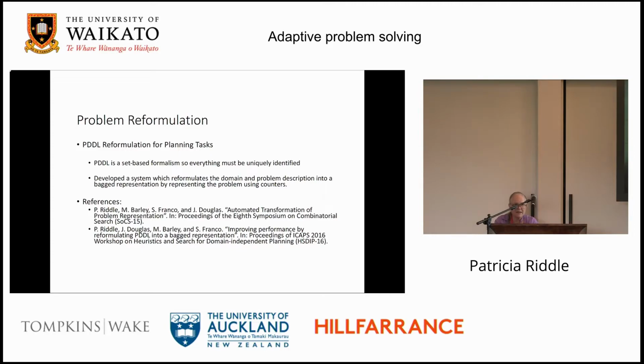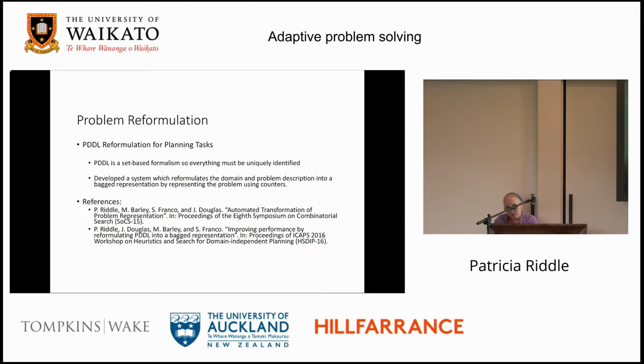They all have to be identified because it's a set-based representation. And what this means with your planner is that it's going to try, well, I could pick up spoon 1, or I could pick up spoon 2, or I could pick up spoon 3. And you see the problem. It rapidly just explodes on you.